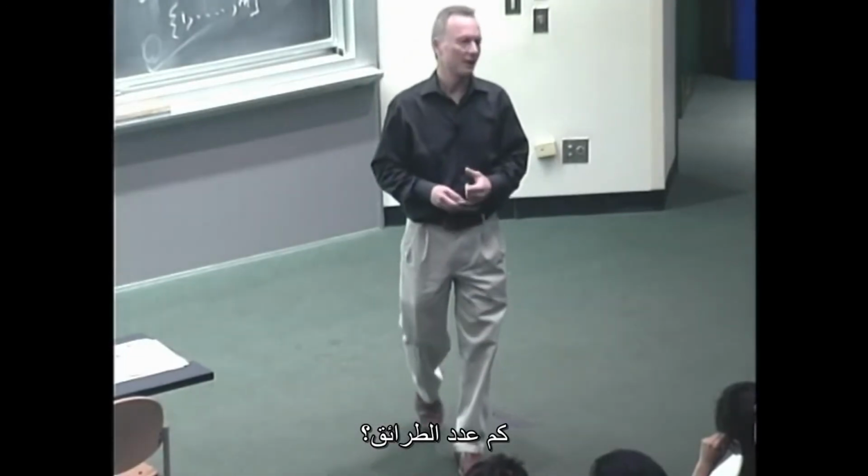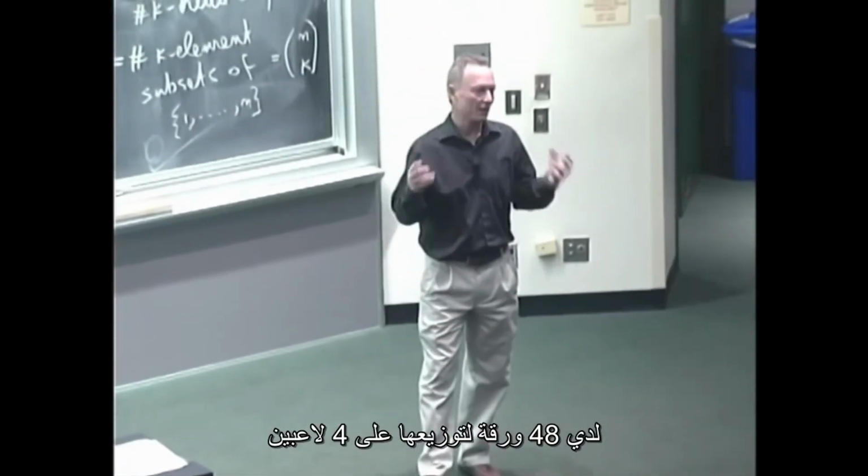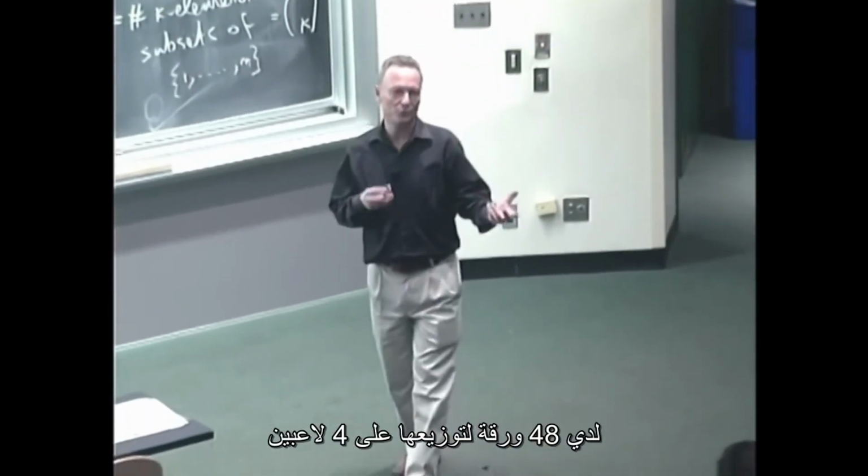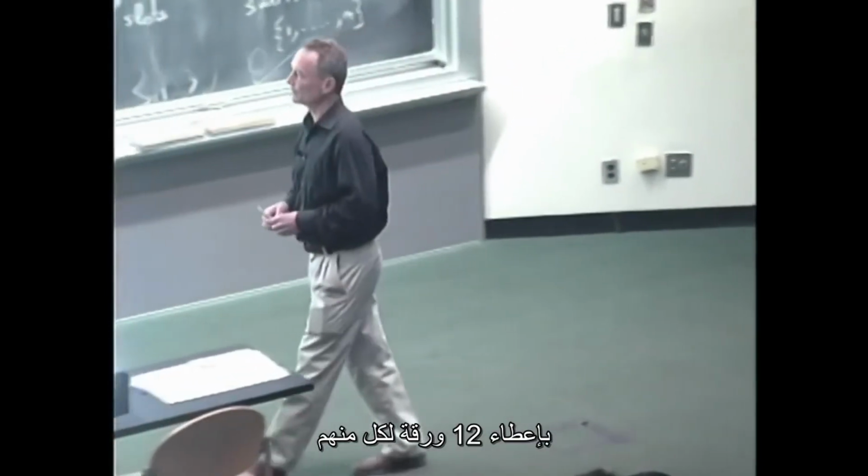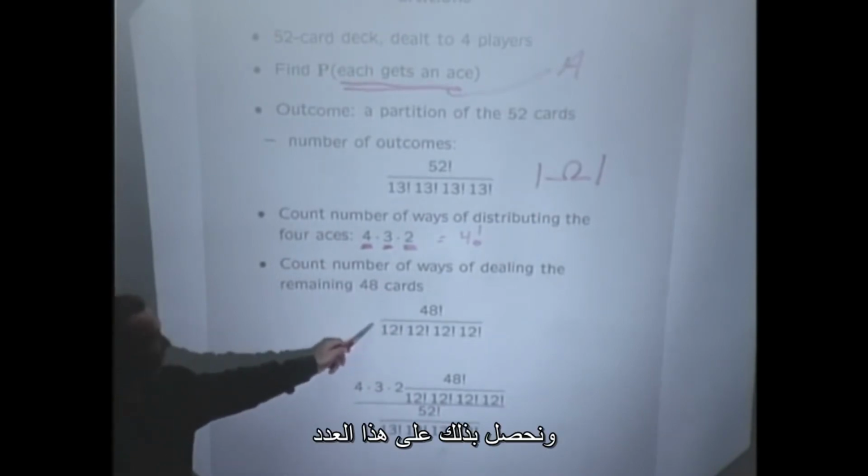How many ways are there? Well, I have 48 cards that I'm going to distribute to 4 players by giving 12 cards to each one. It's exactly the same question as the one we had here, except that now it's 48 cards, 12 to each person. And that gives us this particular count.